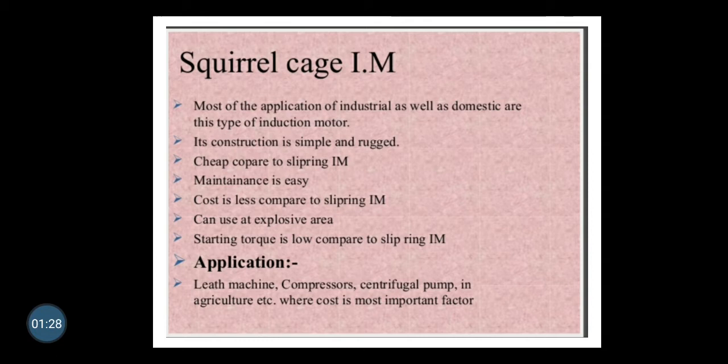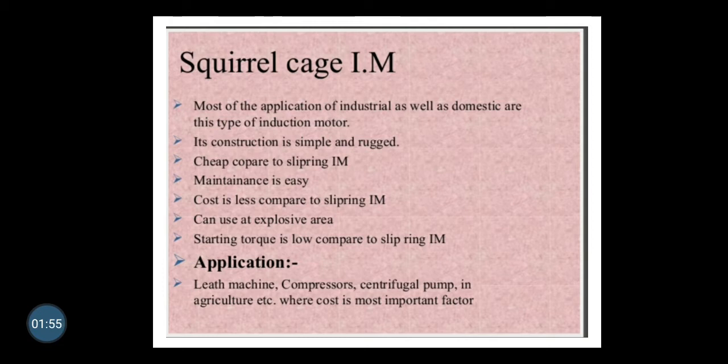That's why this type of induction motor is called a squirrel cage induction motor. This type of induction motor has low starting torque, and is used in industrial as well as domestic purpose.